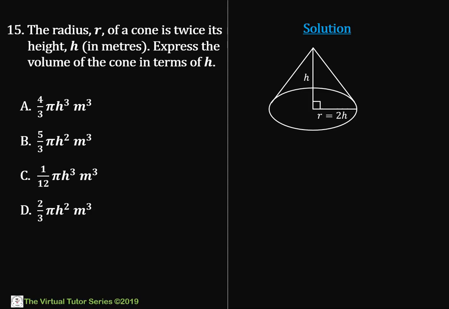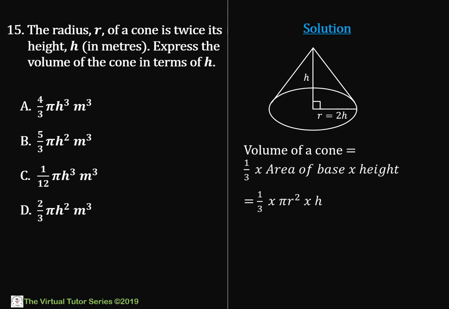The volume of a cone is 1/3 the volume of a cylinder. In other words, the volume of a cone is 1/3 the area of the base times the height. The base of a cone is a circle, and the area of a circle is pi r squared. Therefore, the volume of the cone is 1/3 times pi r squared times h.